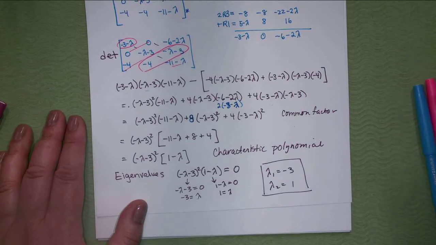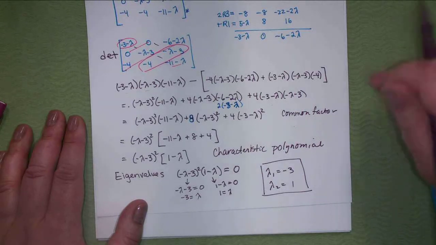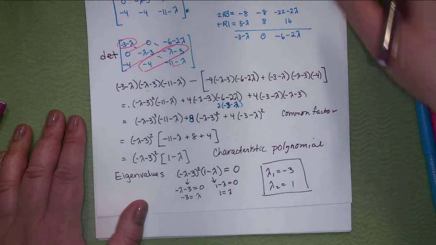We plug them back into A minus lambda I and row reduce. The row reduction, though, is always easy because 2 rows will work out nice. There'll be a row of zeros.